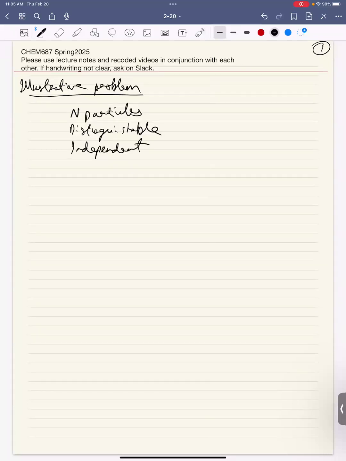They do not interact with each other. And they can exist in one of two states with energy 0 or epsilon.